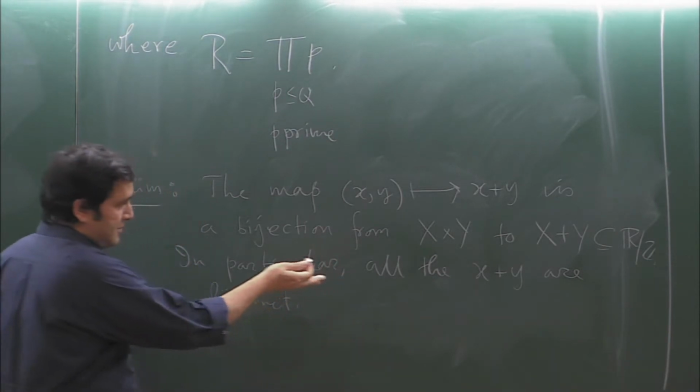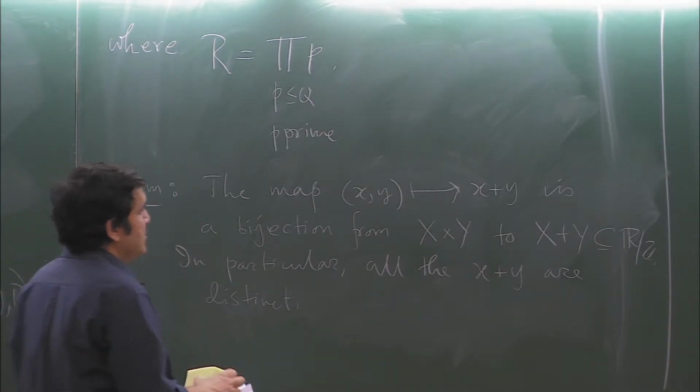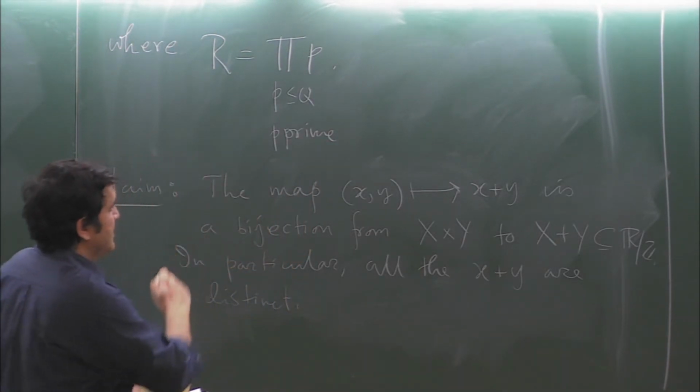And we will soon see that these points x plus y are well separated. They are delta spaced with delta equal to 1 by n. But first, let's prove this claim.